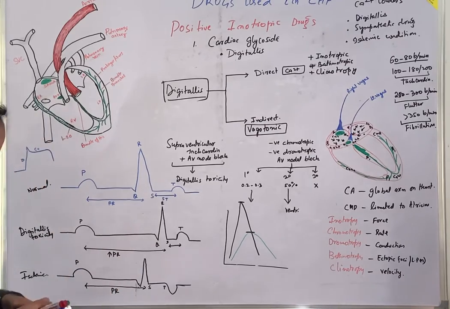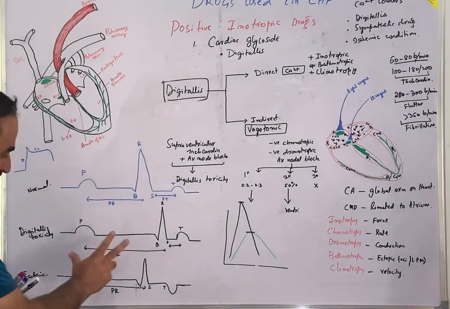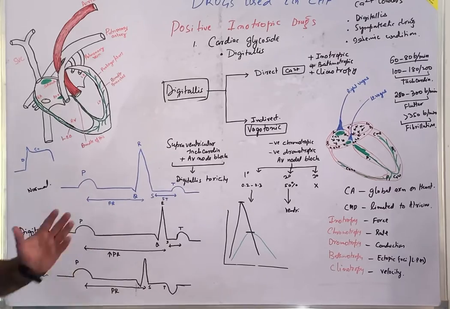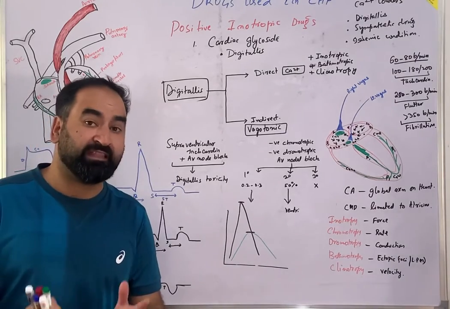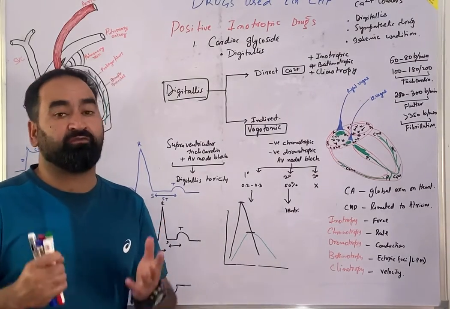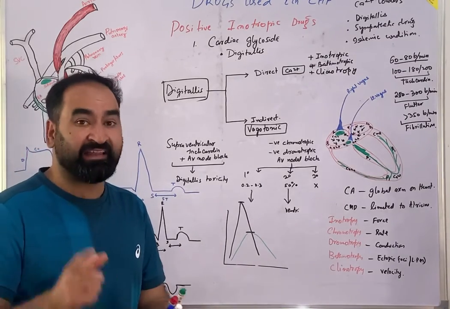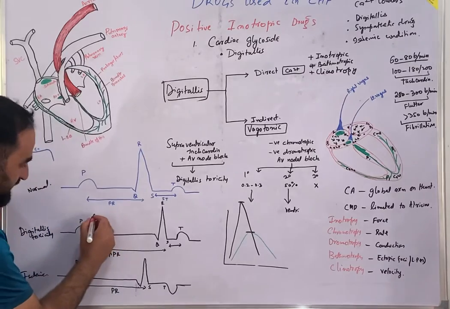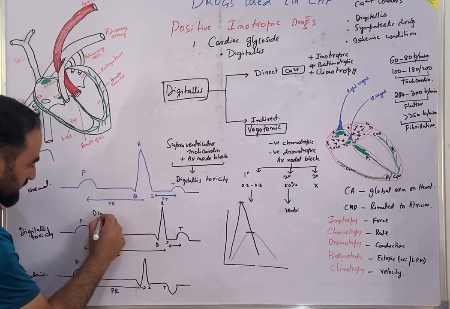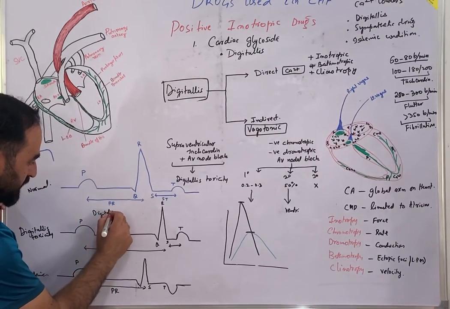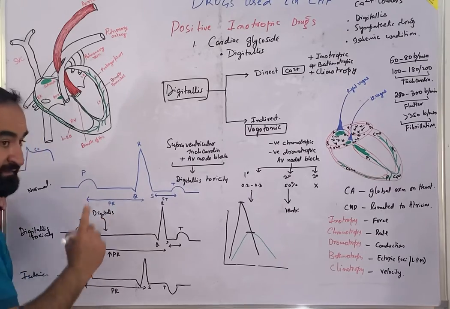There are other conditions in which the PR interval increases, namely when there is nodal block. Which drugs block the nodal cells? Number one is digitalis.